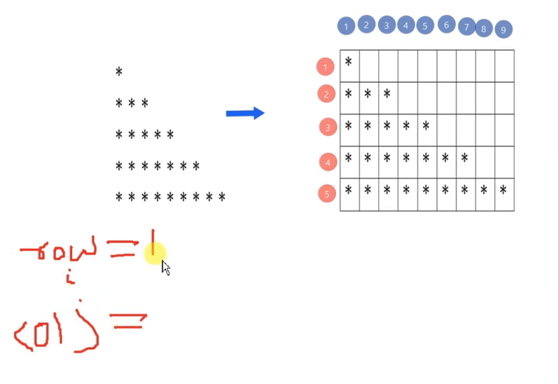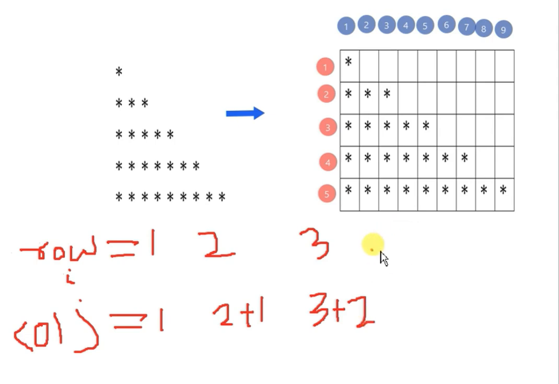So for the first row we are printing 1 star, that is this one. For the second row we are printing 2 stars plus 1. For the third row we are printing 3 stars plus 2, right?